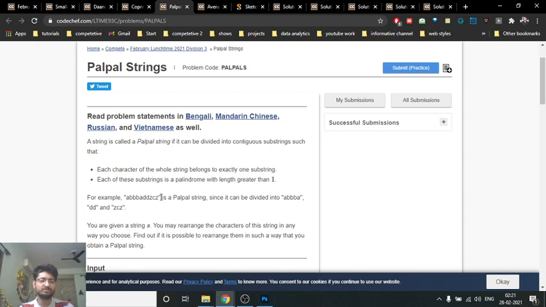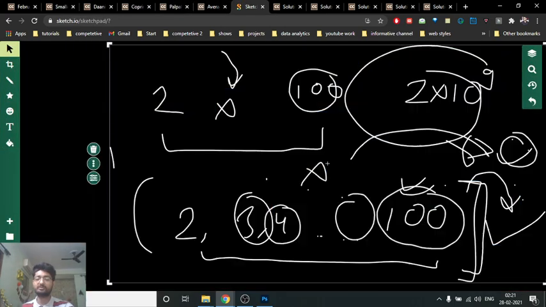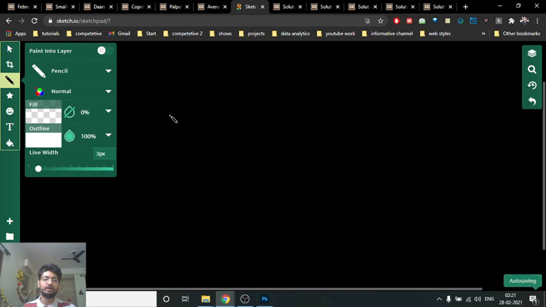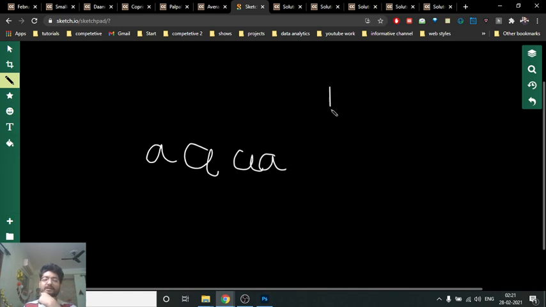So the simplest solution for this: for forming a palindrome, first find the frequency of every character. If some character has even frequency, then it will always form a palindrome, which is fine. But if some character has odd frequency, let's assume that some character b appears like this, BBB.